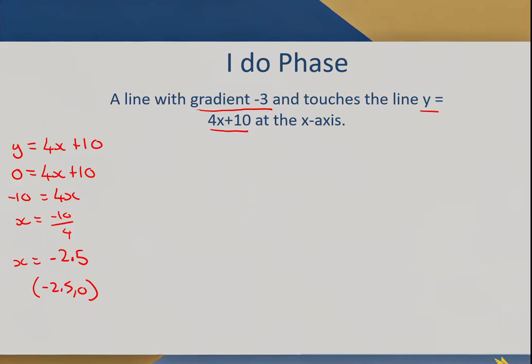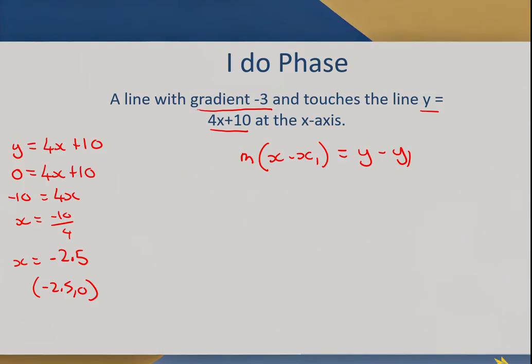The next step is using that point and my gradient in terms of the rule. So the rule was m in brackets x take away x1 is equal to y take away y1. Remember, this comes from the gradient formula.